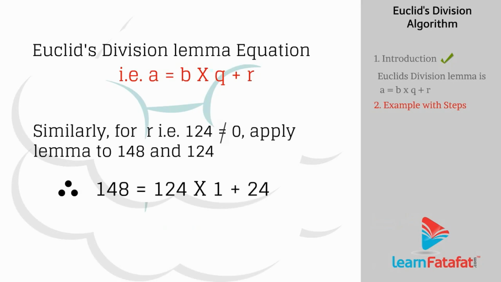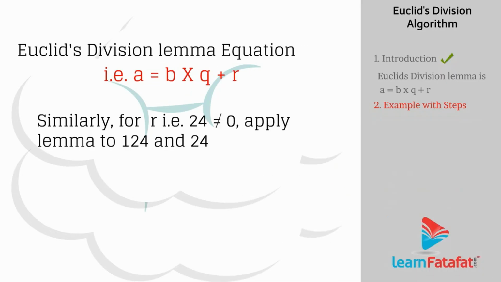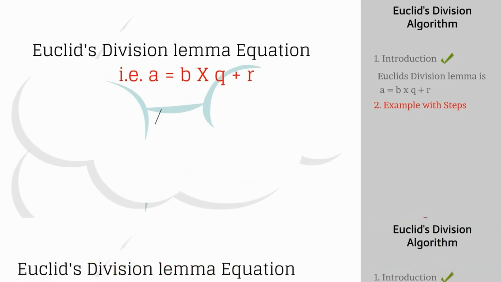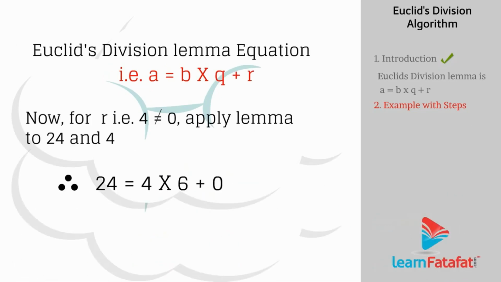Apply lemma division to 148 and 124. Now check for r, that is 24, is not equal to 0. Apply lemma division to 124 and 24. Now r, that is 4, is not equal to 0. Apply lemma division to 24 and 4.